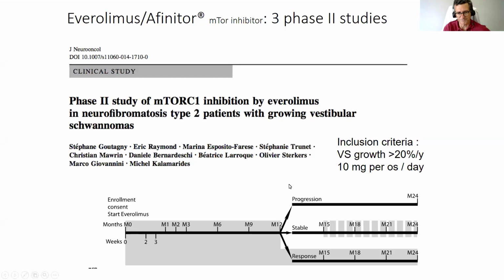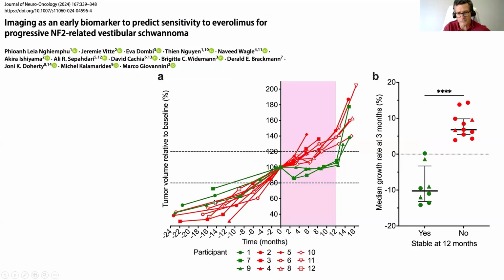And we observe, as you see, a stabilization, at least during 2 to 4 years. So we are still using this treatment particularly when the tumors are small, growing with a normal hearing. And we show some stabilization.